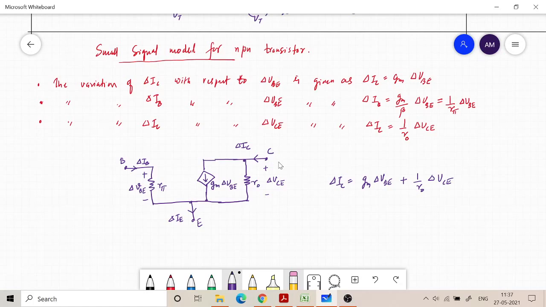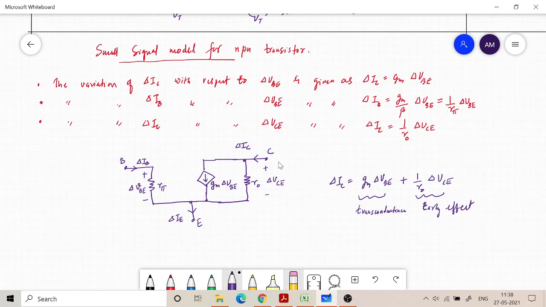So it has two branches. One is GM into VBE, coming from the input voltage change. The other is delta VCE by R naught. That is basically the early effect, so the early effect is modeled here. And this is the transconductance.